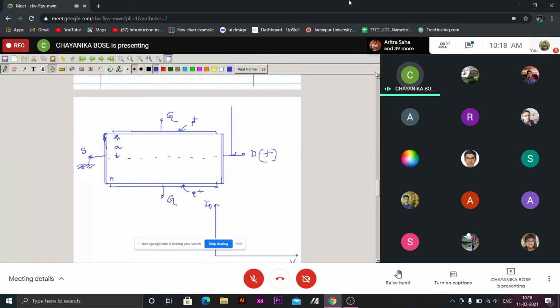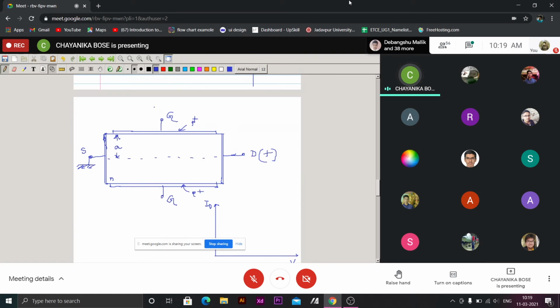And we made this gate layer P plus, heavily doped P, so that the penetration of the depletion region within this gate material layer is ignored.